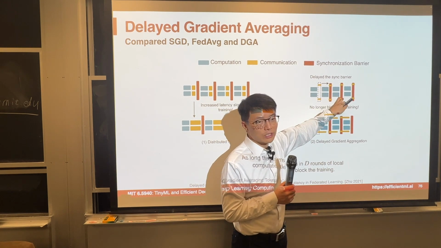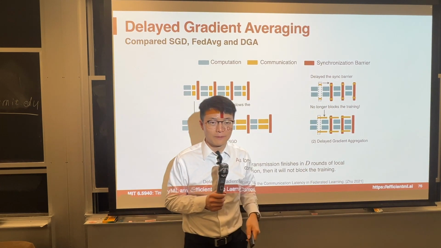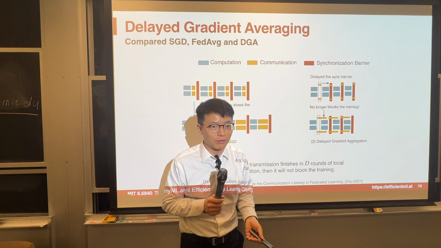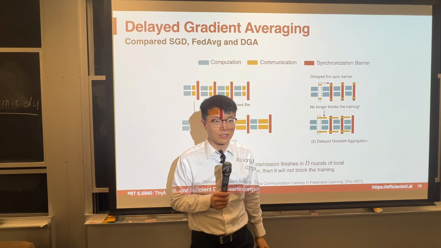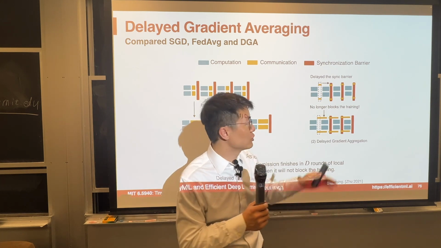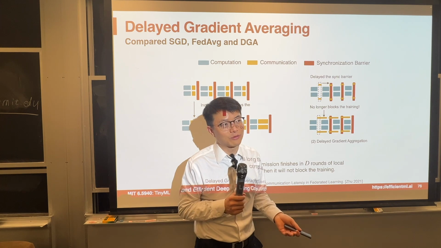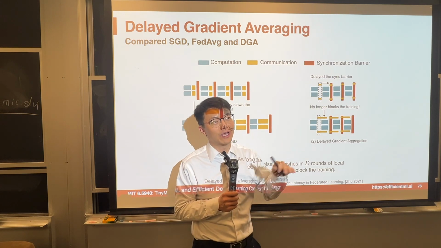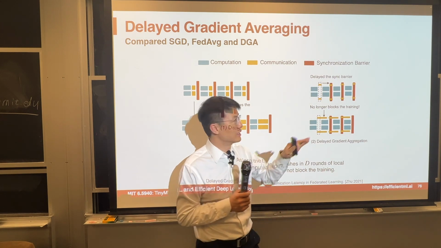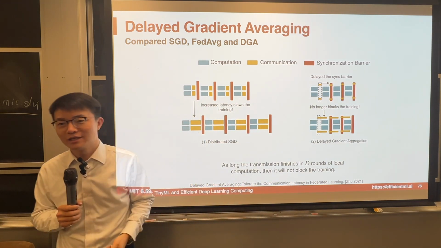If you delay by 2 iterations, you can tolerate 2 iterations of latency. So given your network bandwidth, you know your networking latency, and also you know the compute latency for each iteration. So the number of delayed steps would be the network latency divided by the compute latency for 1 iteration. Then you get how many iterations you need to delay.